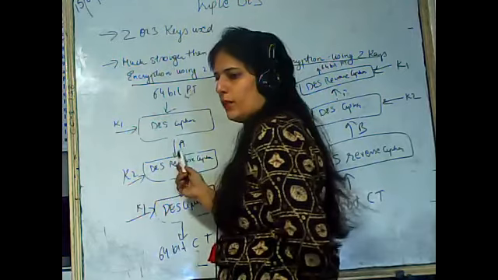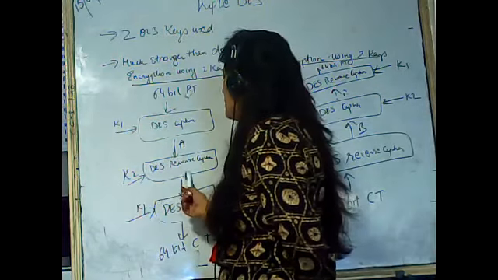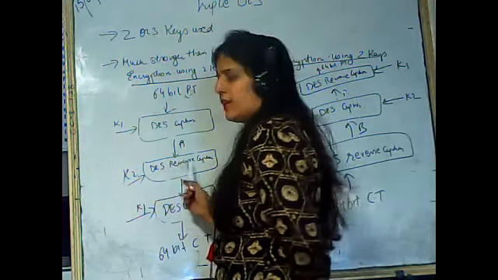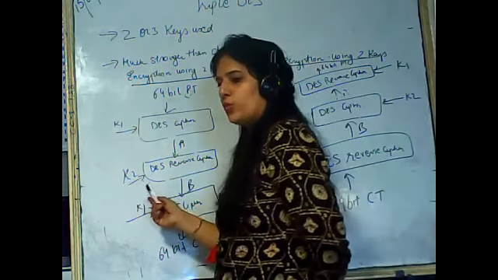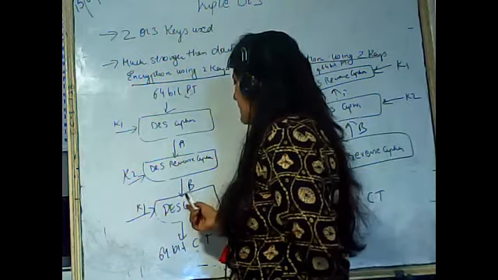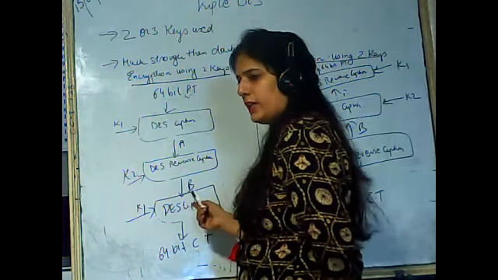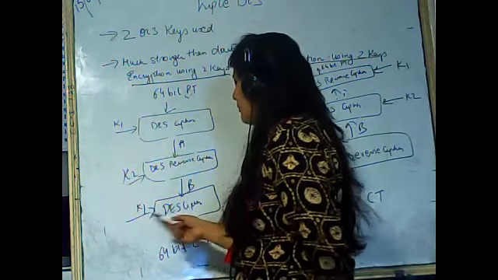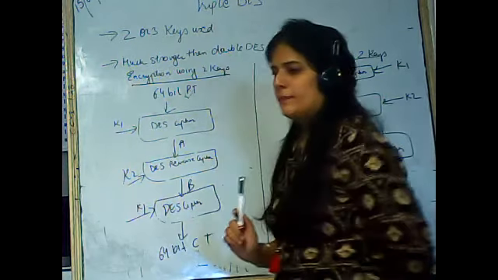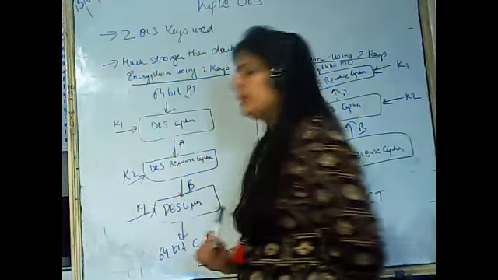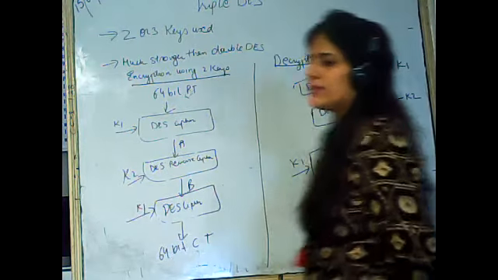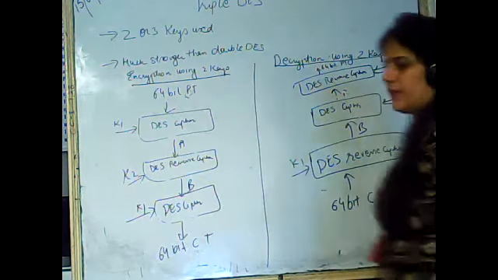We will get some particular answer here, and on this answer we will again apply DES reverse cipher using that key 2, and we will get some particular answer over here, that is B. Again on this B part we will apply the DES cipher using the key 1, so that finally we can get the 64-bit cipher text.